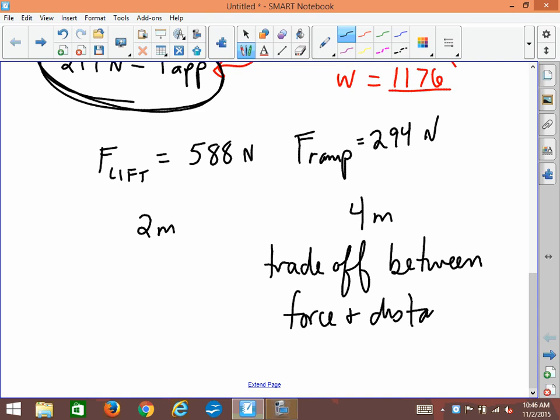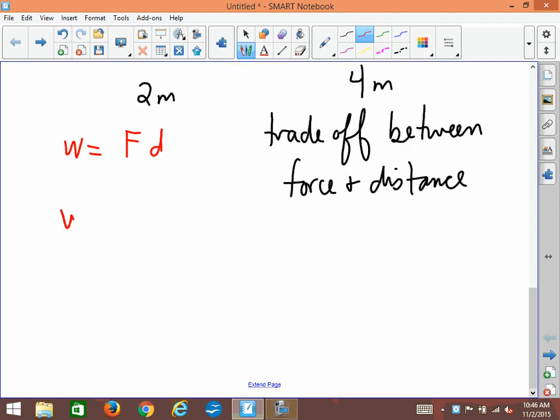And that's because mathematically, remember, if work equals force times distance, here's some work, and here's a force, and here's a distance. Well, I can get the same amount of work done if I use a very tiny force, but to compensate, I use a much bigger distance. It would still give me the same amount, right? And I can get the same amount of work done if I use a very large force in a very tiny distance.